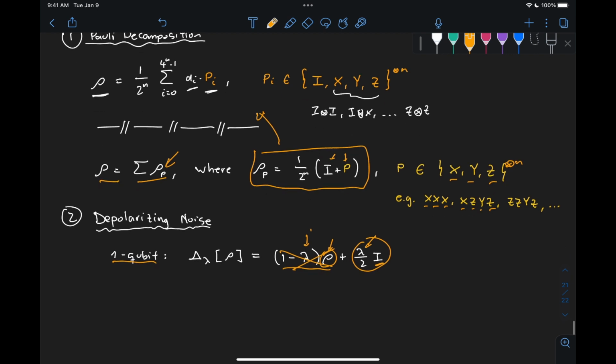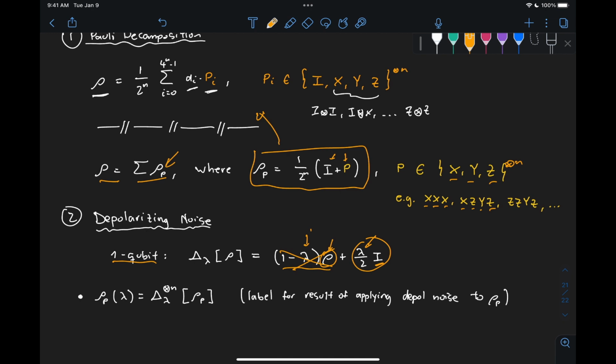Now, this is for a 1 qubit system, but we can generalize this for an n qubit system. And in particular, we can say that for a Pauli density matrix rho sub p, we're just going to use this notation of rho sub p of lambda as a Pauli density matrix where we have applied depolarizing noise for n qubits.